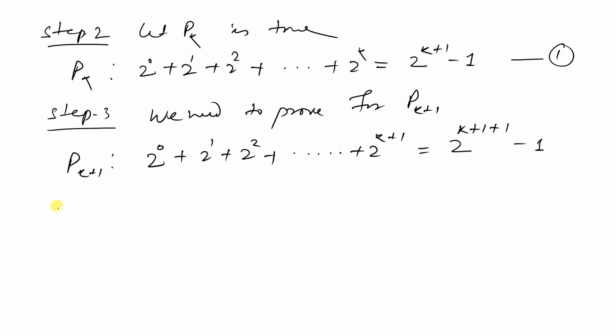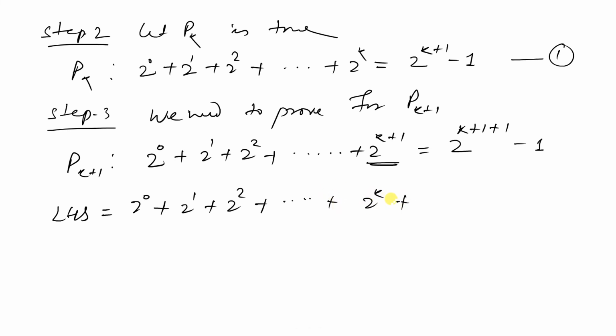Now you take the left hand side, and from the left hand side you find the right hand side. So this is 2 to the power 0 up to 2 to the power k. What is the previous term of this? The previous term of 2 to the power k plus 1 is 2 to the power k.